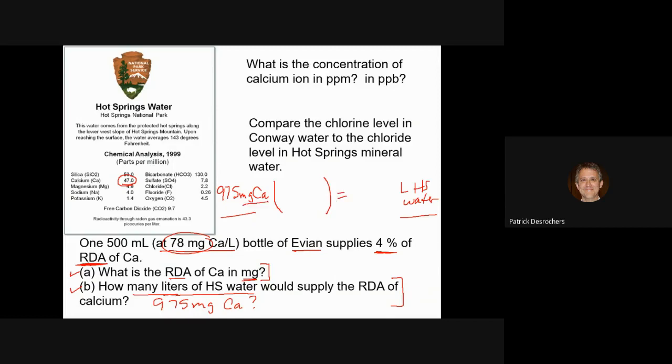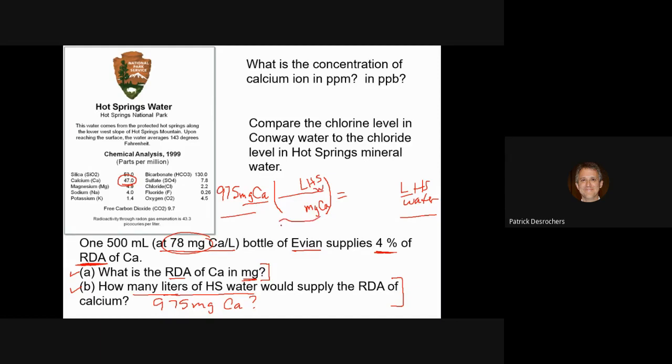somebody help me. Do you want milligrams to stay or go? Go. Okay, so Alexa, does that go on the top or the bottom? Bottom. Okay, so I'll put milligrams of calcium down here. And I want liters of hot springs water to come in on the top. Now I need numbers here.